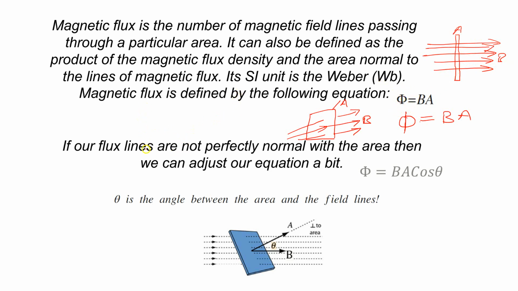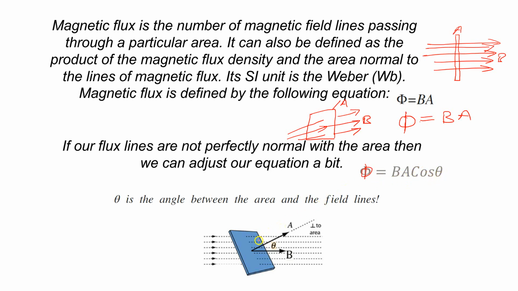Now if our magnetic field lines are not perfectly normal to the area, then we can adjust our formula a bit by saying that our magnetic flux is equal to the magnetic flux density times the area times cos of the angle.